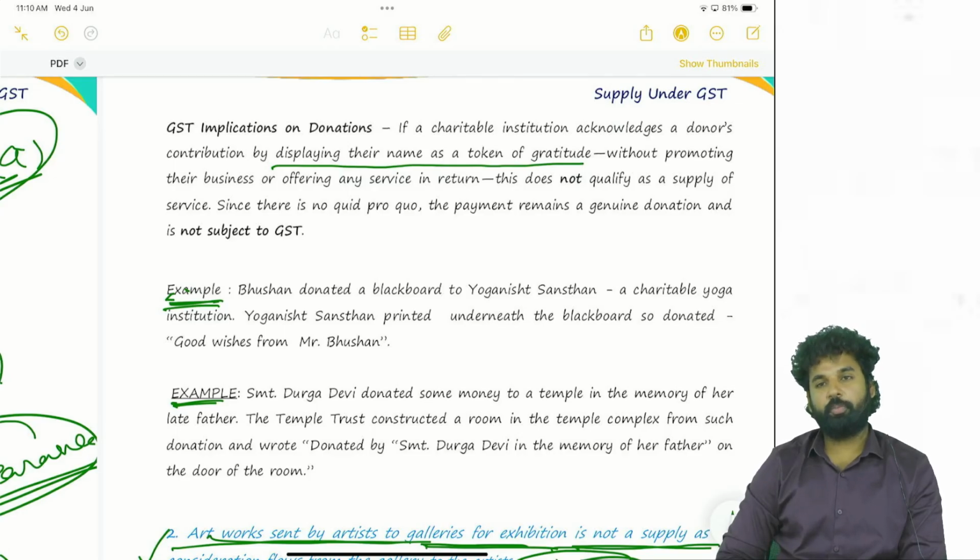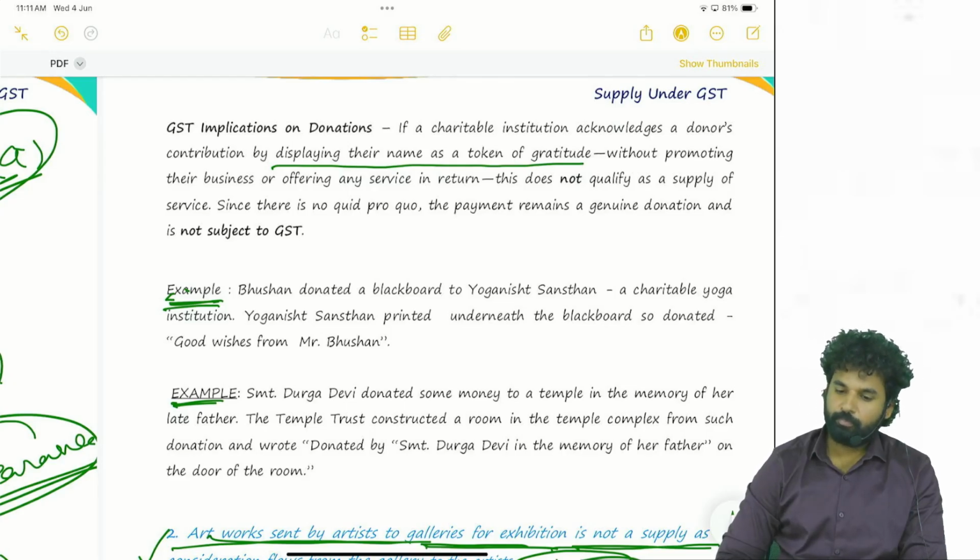Since there is no quid pro quo, there is no obligation from the donor that you have to do this. If there is no obligation, it is not a supply, not attracted to GST. You have two examples here, you just have a reading.